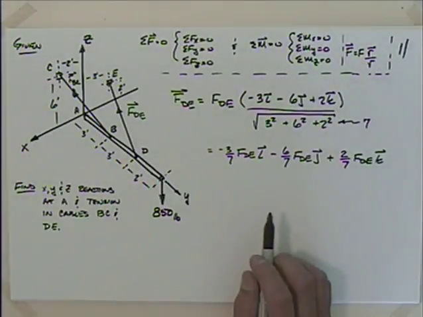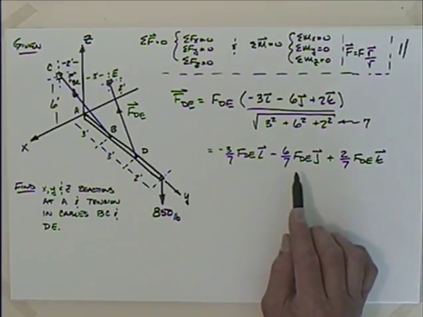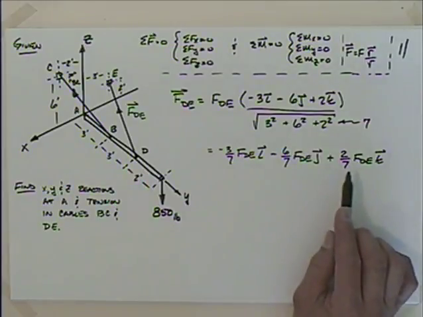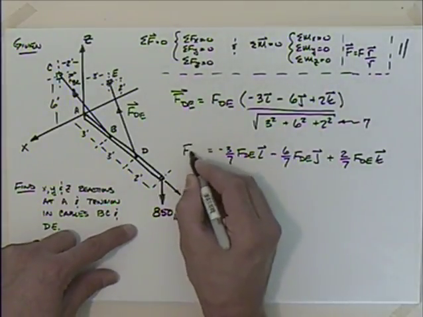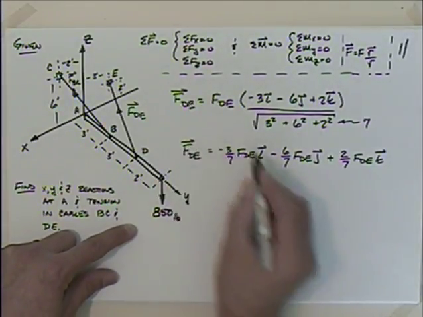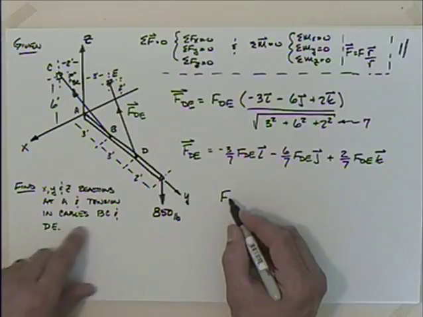Let me double check my work that far. Minus 3/7, minus 6/7, and 2/7. Yes. Okay, so that's FDE. And we could do a very similar thing for the other one, BC, right?